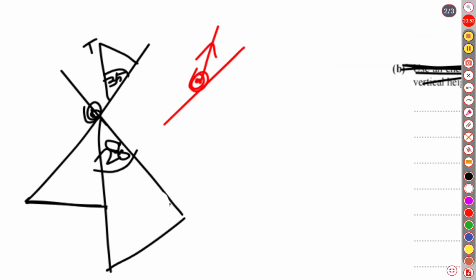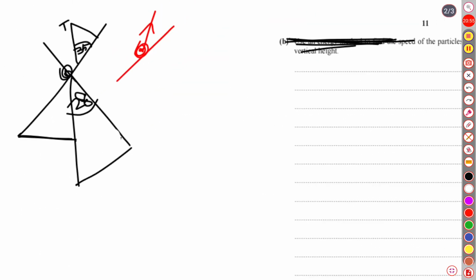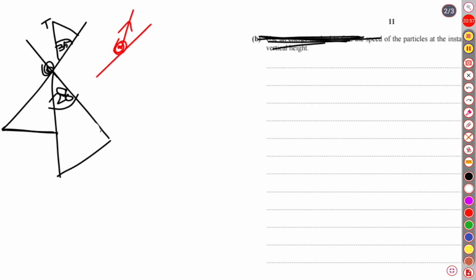Now we are going to calculate the maximum value of tension. So we have already analyzed that the particle was about to slide up by the external force. External force is here what? T. This is the external force which is trying to move it up.